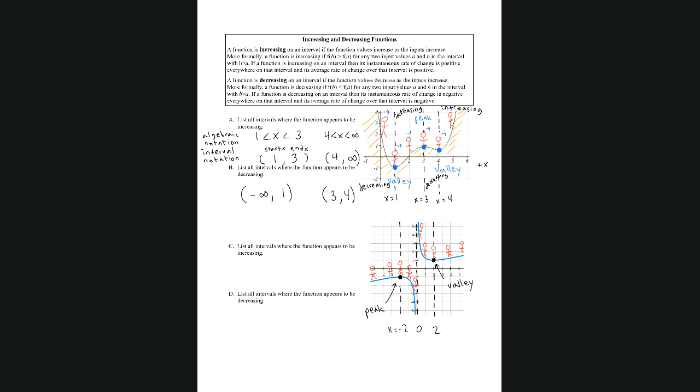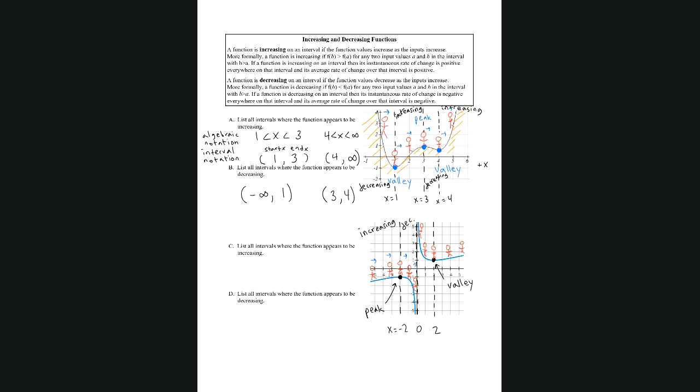All right, now let's list our intervals of increase. So I think that as we walk to the right here, our guy has to walk uphill in order to move to the right. But then things change. After that, he's decreasing.